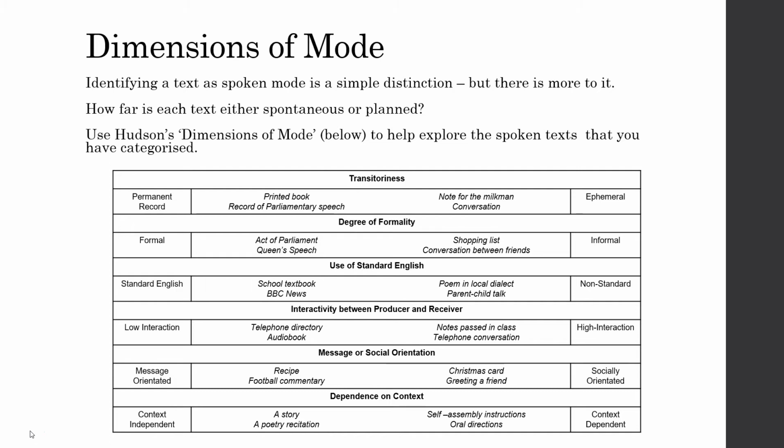It's interesting to think of how a spoken mode text might vary on its transitory scale. A political speech would of course be something that we would expect to have a great deal of permanence, whereas conversational language is very ephemeral. Formality is something that should be familiar to you, and you should understand that formality is a continuum.